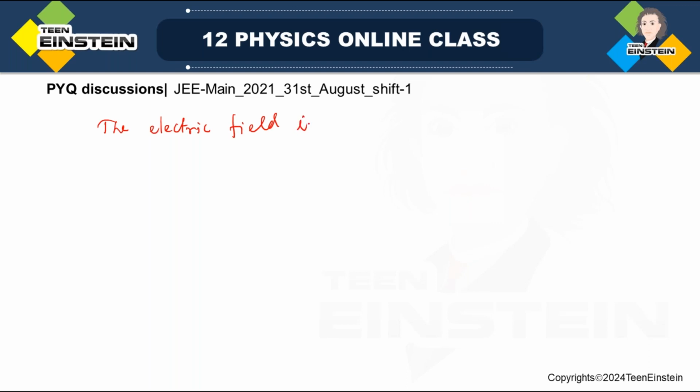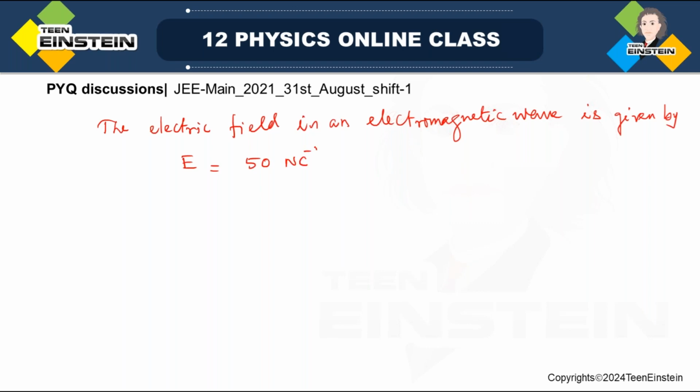in an electromagnetic wave is given by E is equal to 50 Newton per Coulomb.